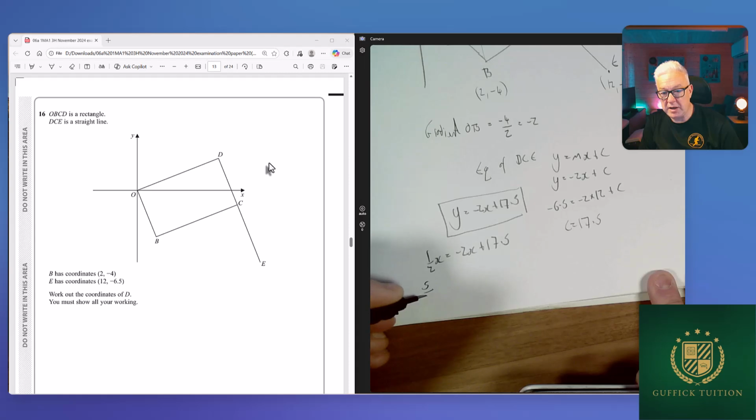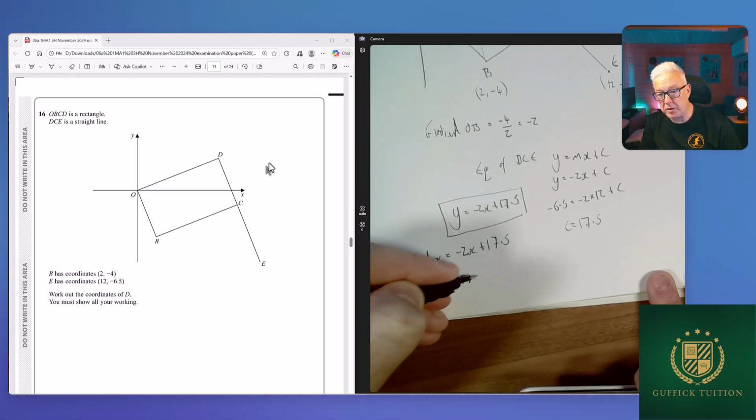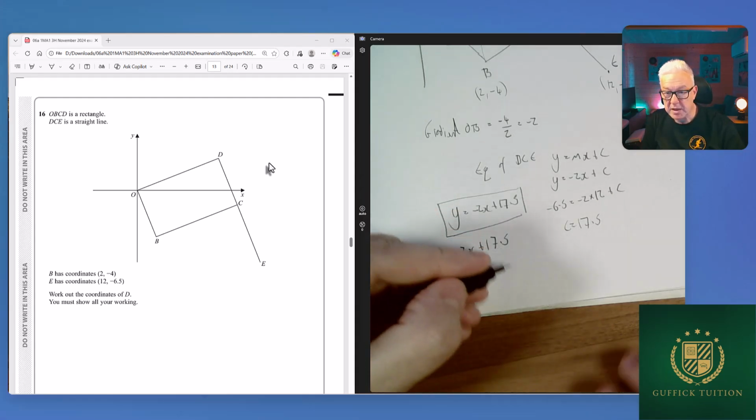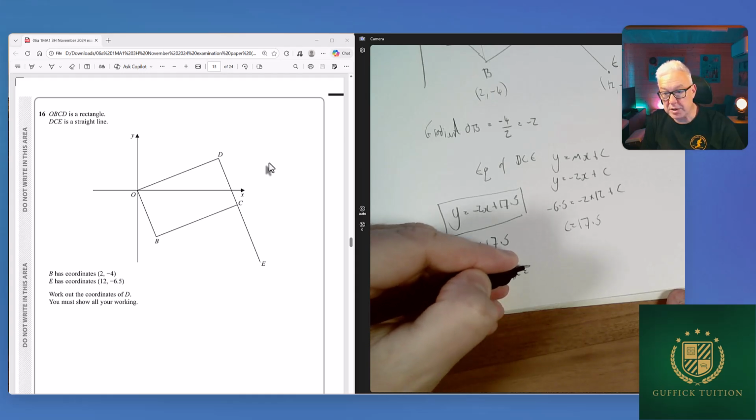So that's going to be 5/2x is equal to 17.5. So we're going to take 17.5 and divide it by 5/2. So 17.5 divided by 5, divided by 2, is 7. So 17.5 divided by 5/2 is equal to 7. So x is equal to 7.